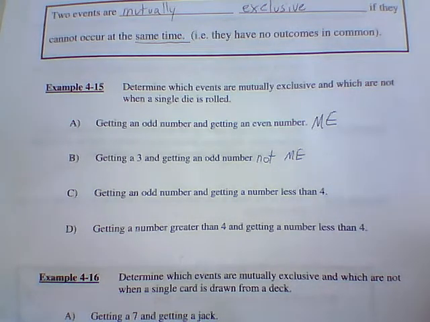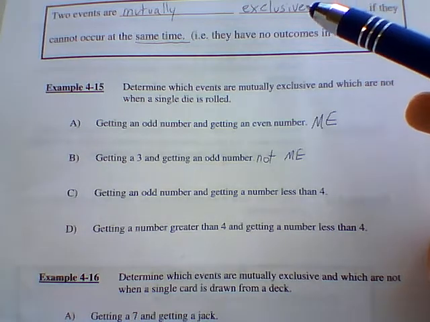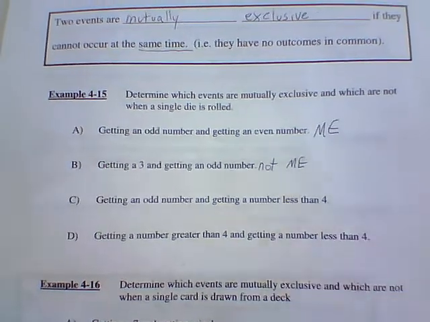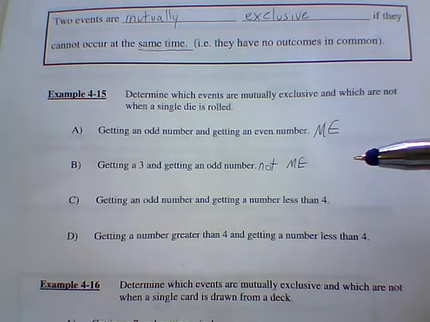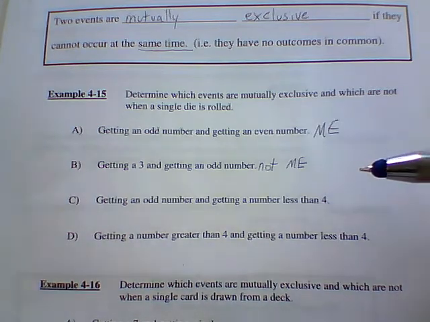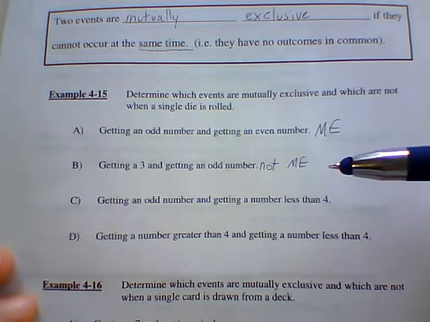That is why mutually exclusive is difficult. It's because mutually exclusive has a negative definition. They cannot occur. That's the biggest problem. Nots mean you can do it, and if you can do it, then you have a not.